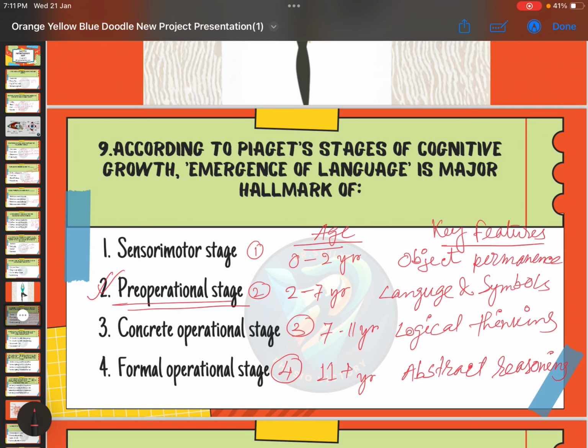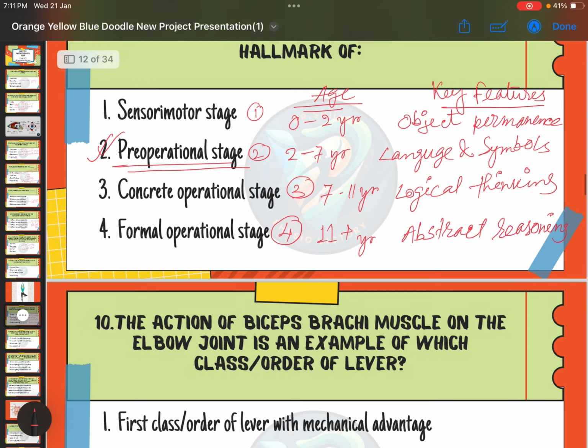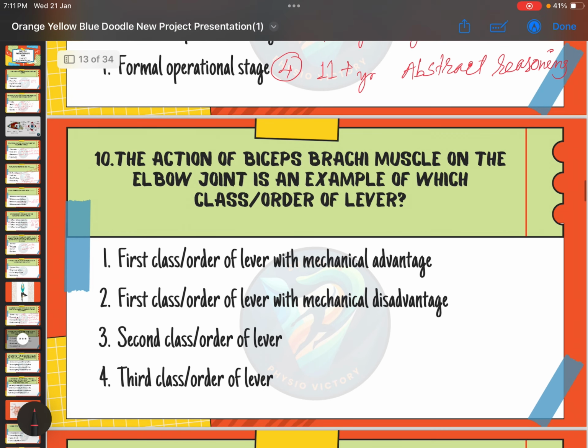Next, come to question number 10. The action of biceps brachii muscle on the elbow joint is an example of which class or order of lever? Option 1, first order of lever with mechanical advantage.